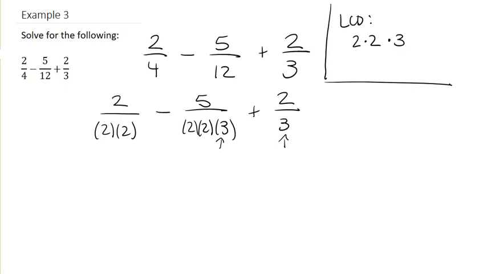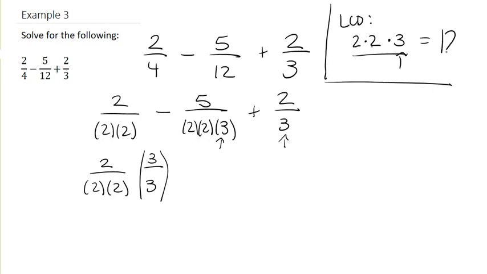So now we go back to our problem, and we multiply the denominators and the numerators by the missing factors for our least common denominator. So for the first one, we're going to multiply it by 3 because we're missing this 3. And so when we multiply by this, we get 2 times 2, which is 4, times 3, which is 12. So our least common denominator is 12.